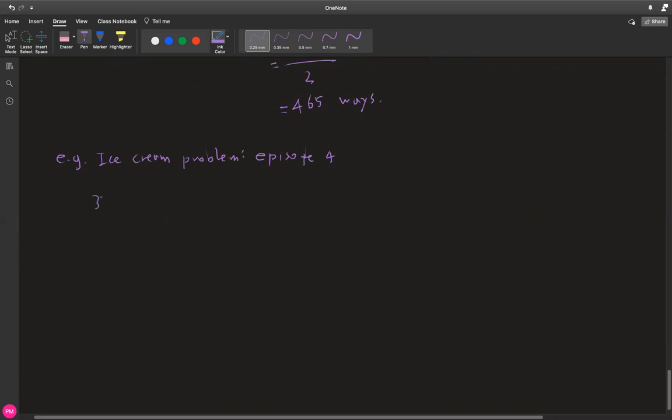You have 31 flavors, and you are choosing 3 different flavors in a bowl. And in this case, let's say the order doesn't matter. So how would we go about solving this problem?